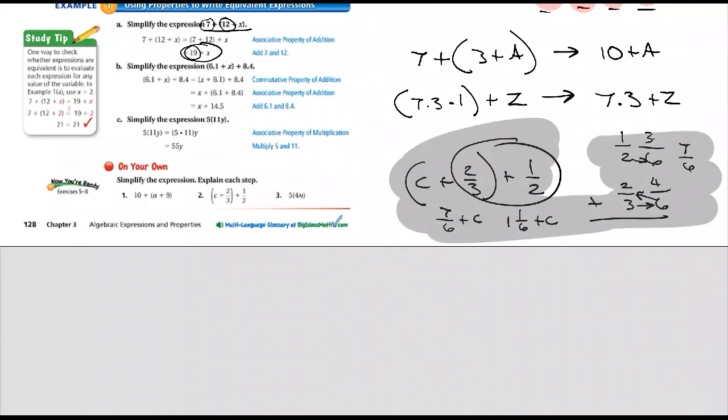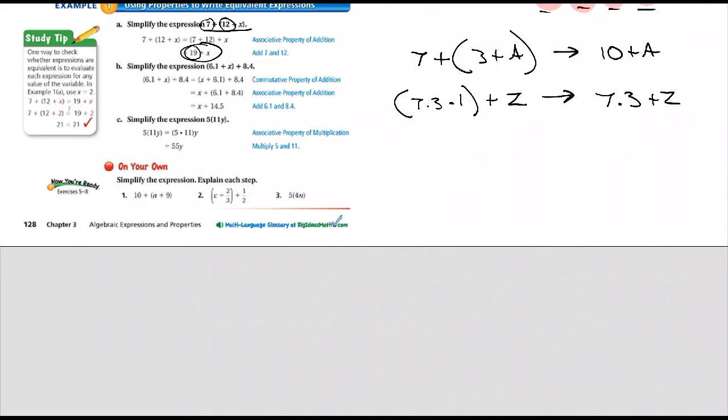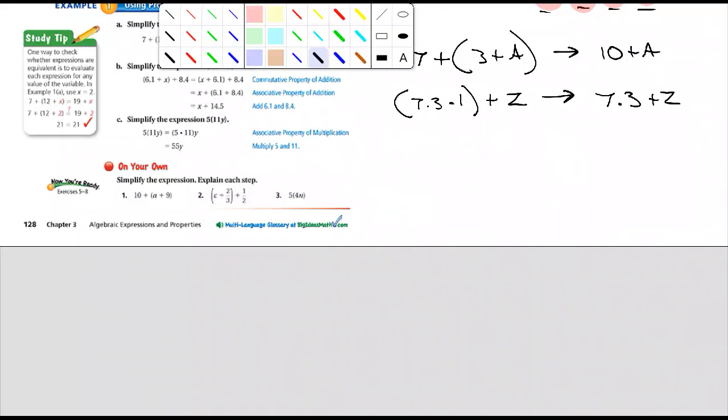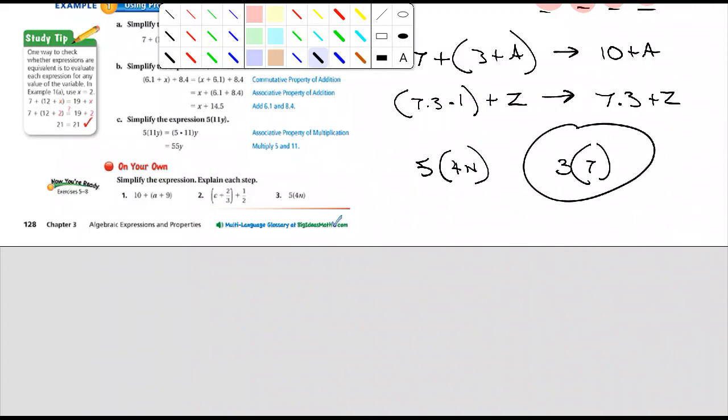The last one, they've got 5 and then in parentheses 4n. So you should know by now that if you have parentheses next to a number, it means multiplication. So for example, what I just wrote right there, Mr. Rainbolt, what does that equal?